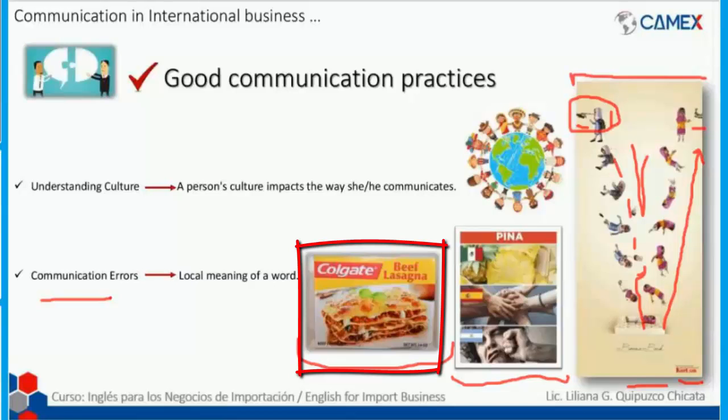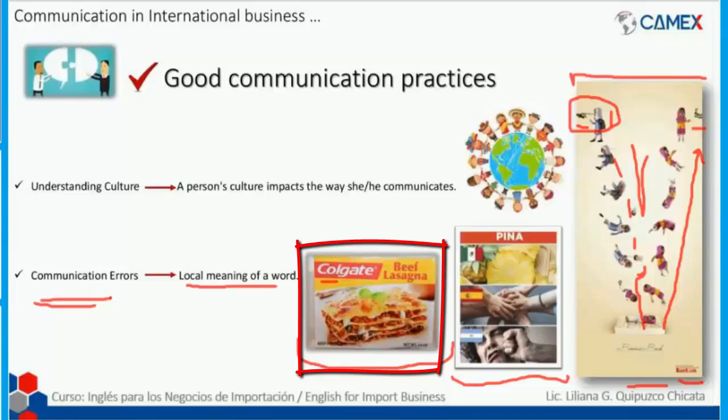So in 1982, Colgate made a business jump, and they were selling the toothpaste, but also they started selling instant meals, ready to eat meals. This was in the USA, but they made also a huge communication error because they didn't think about the local meaning of the brand.